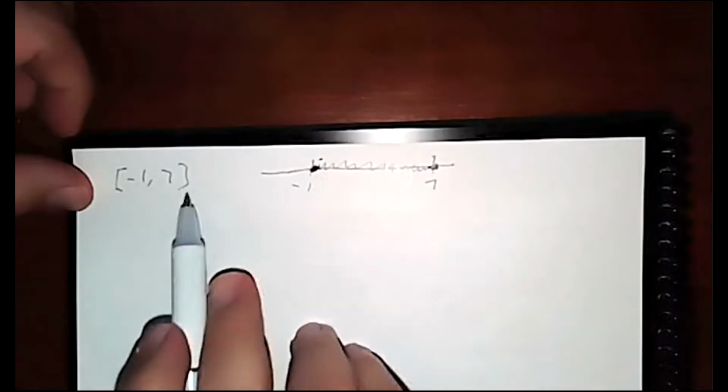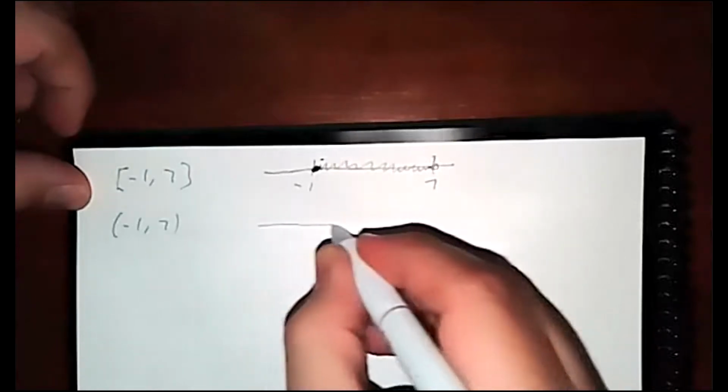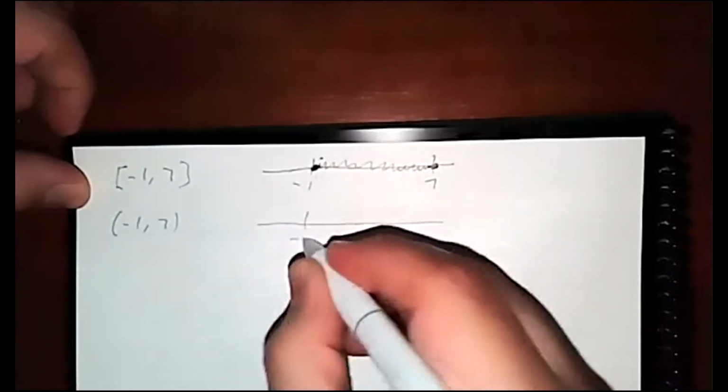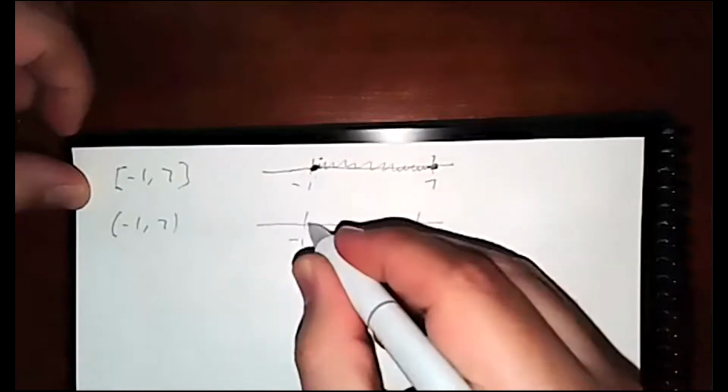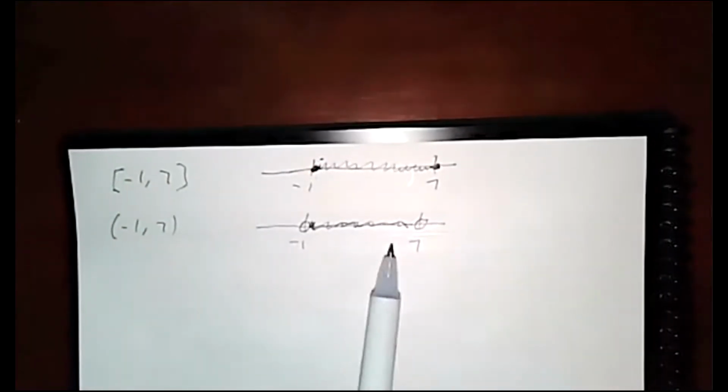That's what the bracket is telling you. Now, if you had parentheses, you would say everything in between, but not the endpoints, would be the domain. So you'd have holes right here. That makes sense? So 6.99 is okay here, but not 7. Over here, 7 is fine, and so is 6.99. Okay, thank you.